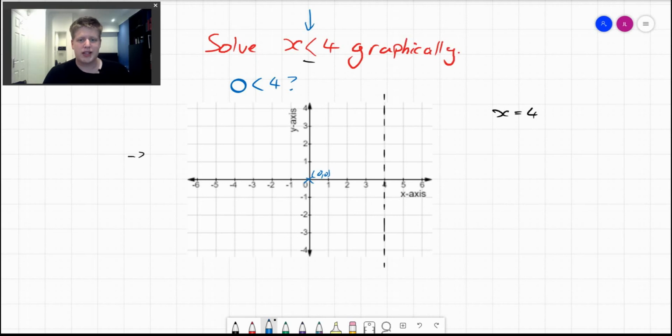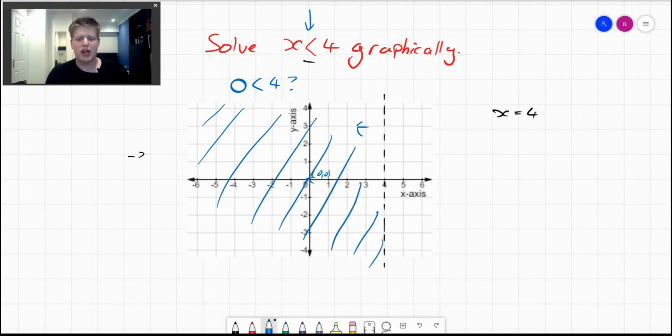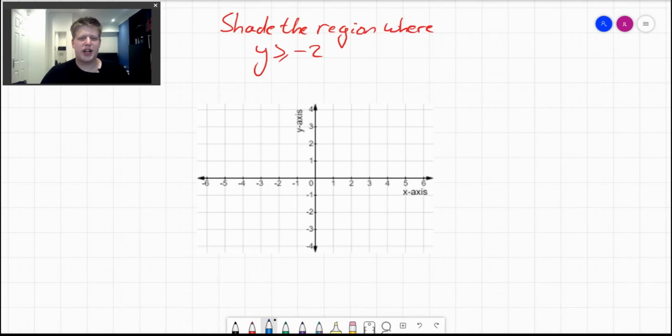And because it lies in this area, and that's to the left of this line, we know that the area we're looking for is everything to the left of the line x equals 4, because any points in this area will have an x-coordinate less than 4. And that's how we do the first one. Now that is confusing, so keep watching and you're going to see common themes showing up to help you understand it. Have a look at the next question.